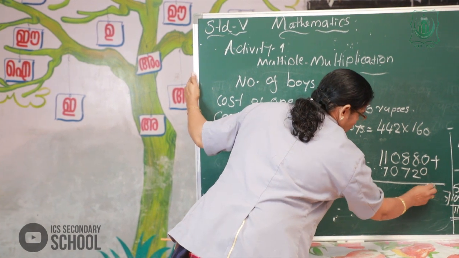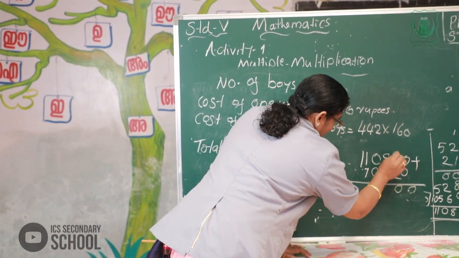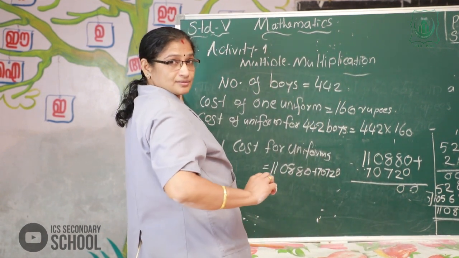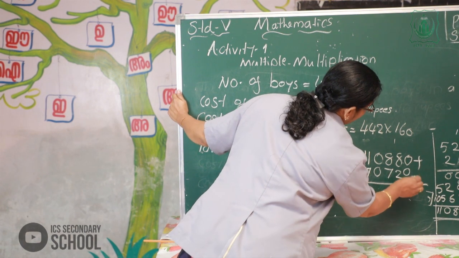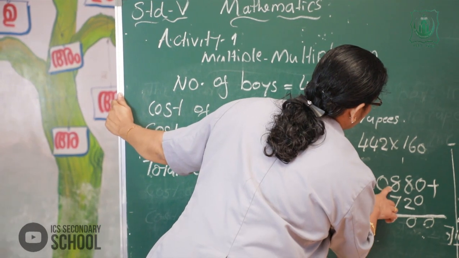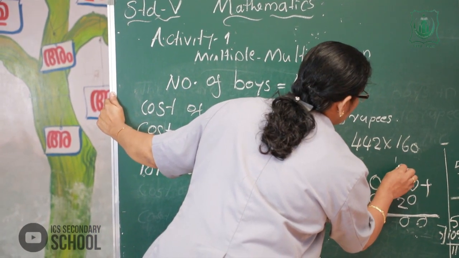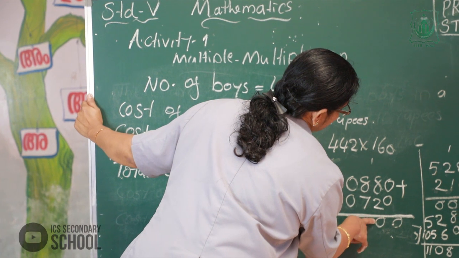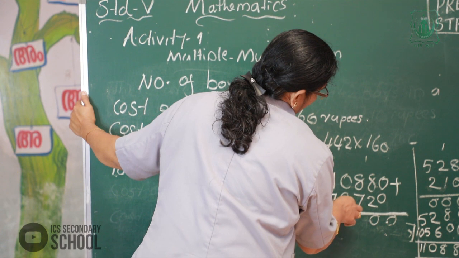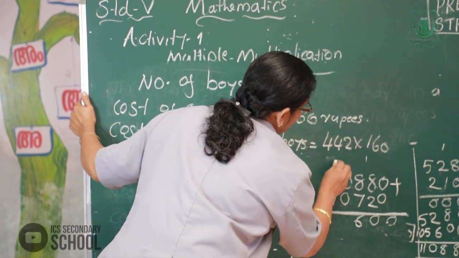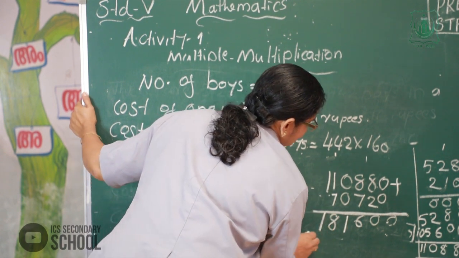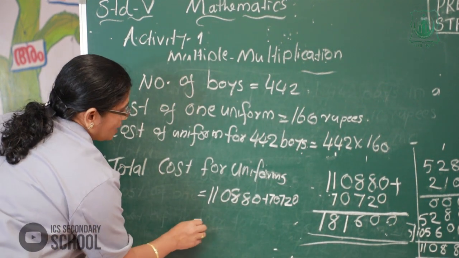Add this number 0, 8 plus 2, 10, 1 balance, 7 plus 8, 16, 1 balance, 1, 7 plus 1, 8 and 1. The total cost.